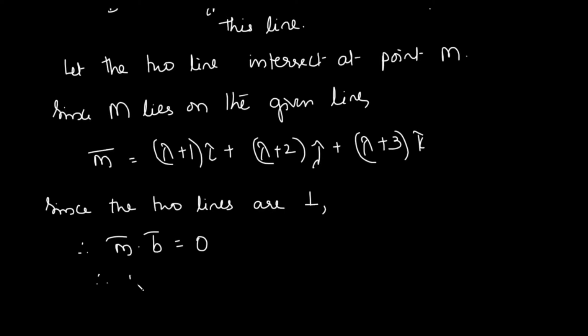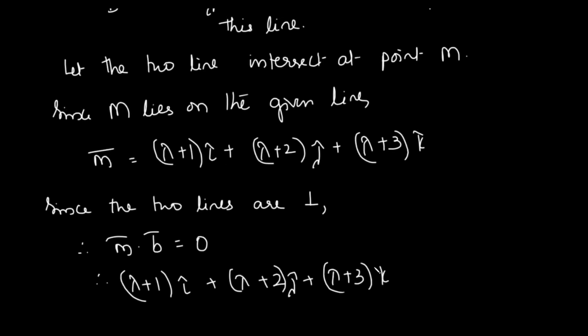That means (lambda plus 1)i plus (lambda plus 2)j plus (lambda plus 3)k, the whole thing dotted with B bar, whose coordinates are i plus j plus k, is equal to 0.